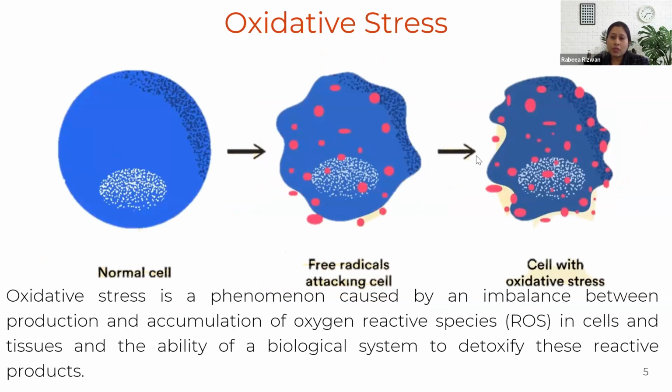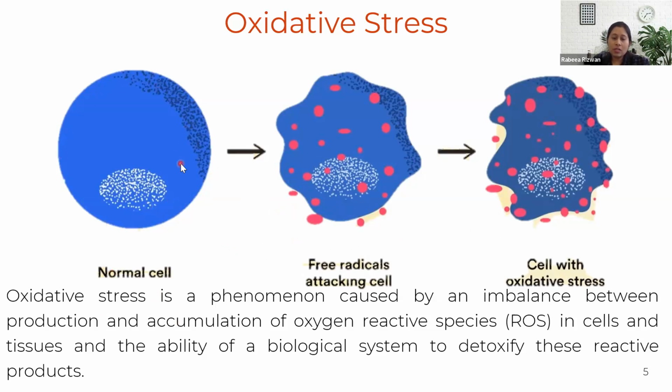There is always wear and tear and some external and internal exposure to free radicals in our body. So cells are continuously exposed to them, but our immune system, our scavenging system, becomes weak or unbalanced to fight and neutralize them. Our body is not able to detoxify all this. So this is called oxidative stress.